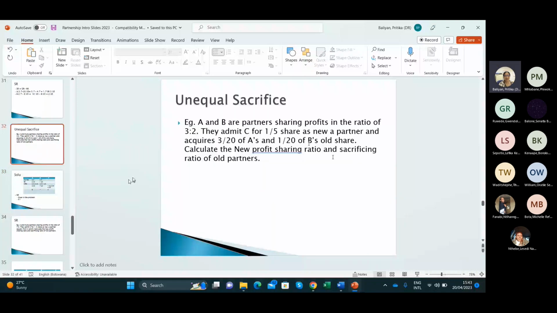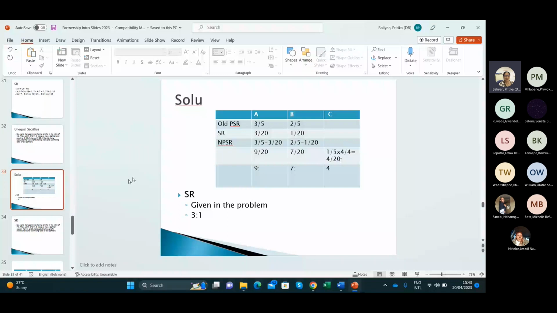Because here the denominators are 20, you also need to change the denominator for C to 20. So you multiply 1/5 by 4, which makes 4/20. So the new ratio of the partnership between three partners is 9:7:4. That's how we change if there is unequal sacrifice by the old partners.